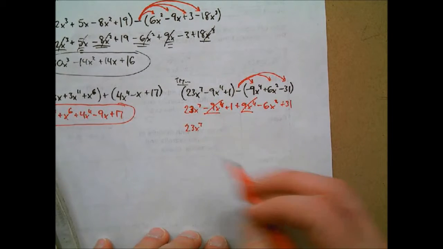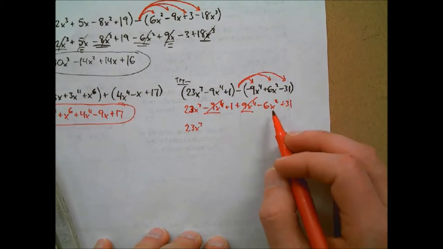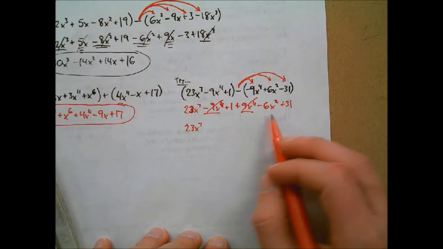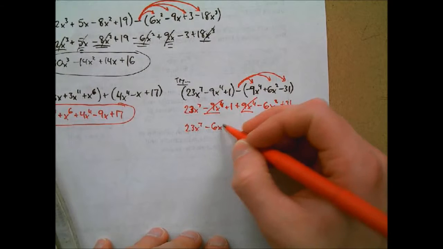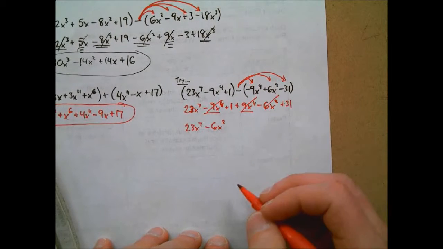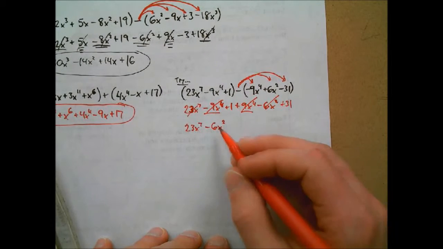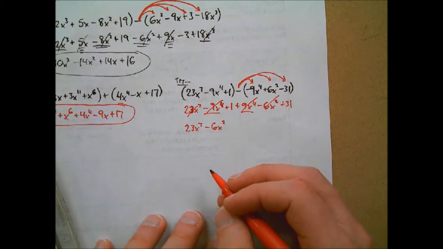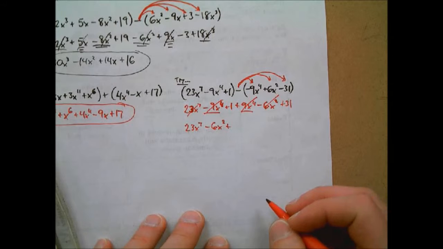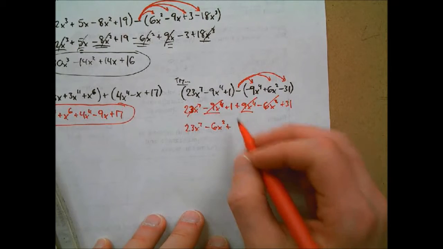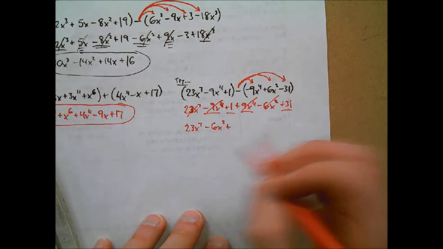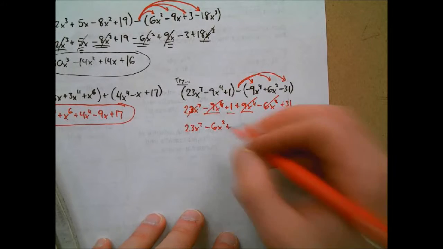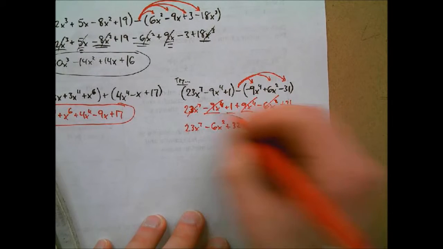And is there anything like that? Nope. So we just have minus 6x squared. The next after that would be an x, but we don't have x's, so it's just our numbers. We have 1 and 31, which makes 32. Good job, Brandon. That's right. Okay, well done.